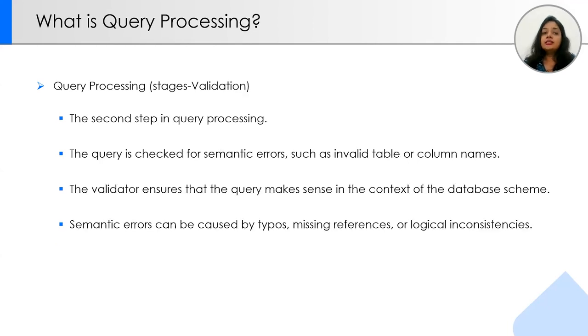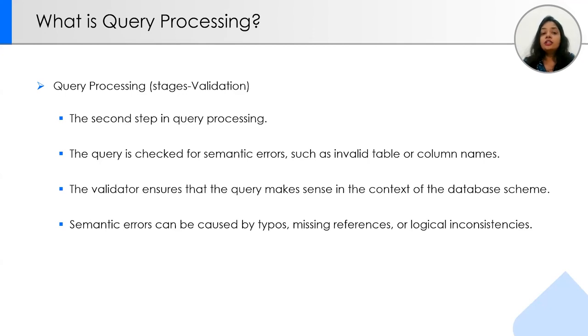Moving ahead, the second stage of query processing is validation. Here, basically, the query is checked for semantic errors. What are the semantic errors? Invalid table or column names. So if you have wrongly given a different table name or a column name, then it is going to prompt that there seems to be an error because it will not give you the desired result and it will return the error.